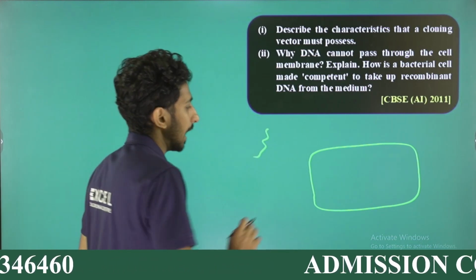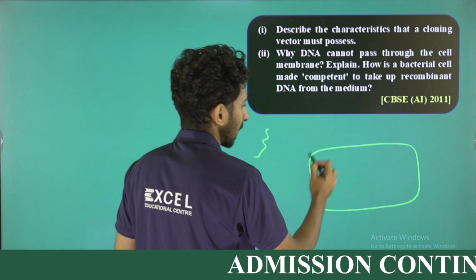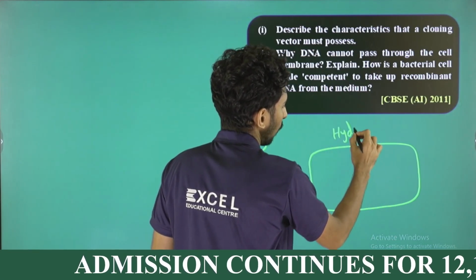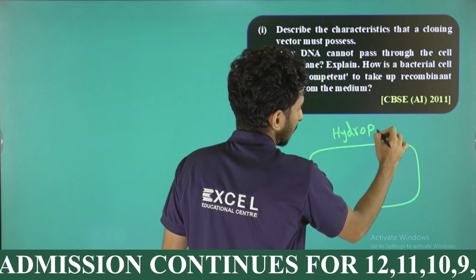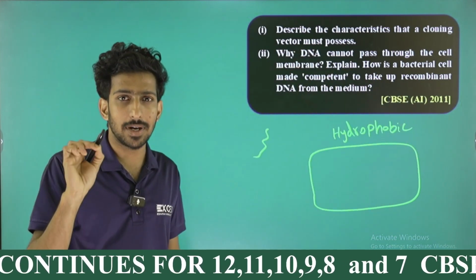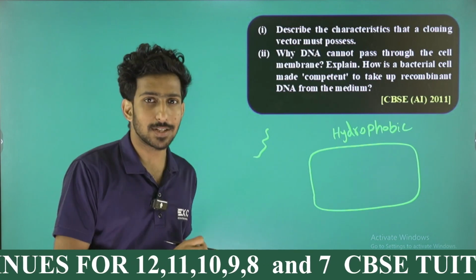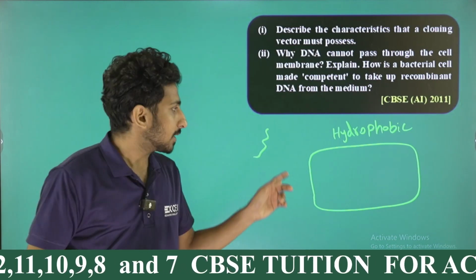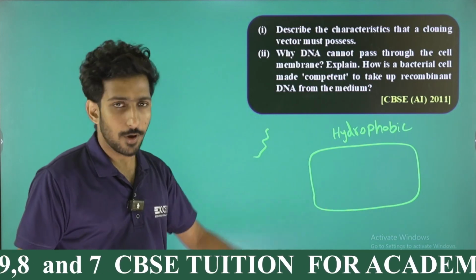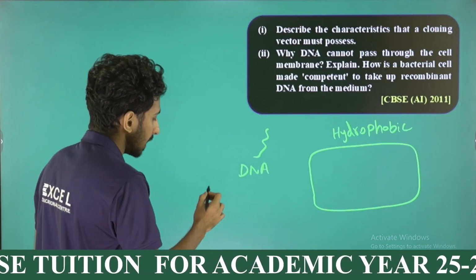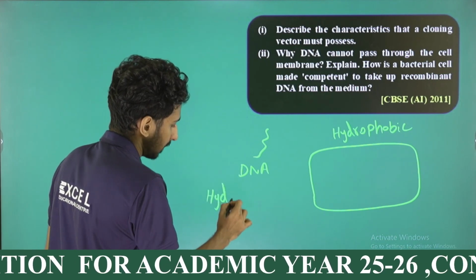You know that the cell membrane is hydrophobic. Why? The cell membrane is made up of lipids and proteins, and the lipids are hydrophobic. The cell membrane is hydrophobic, but DNA is hydrophilic.